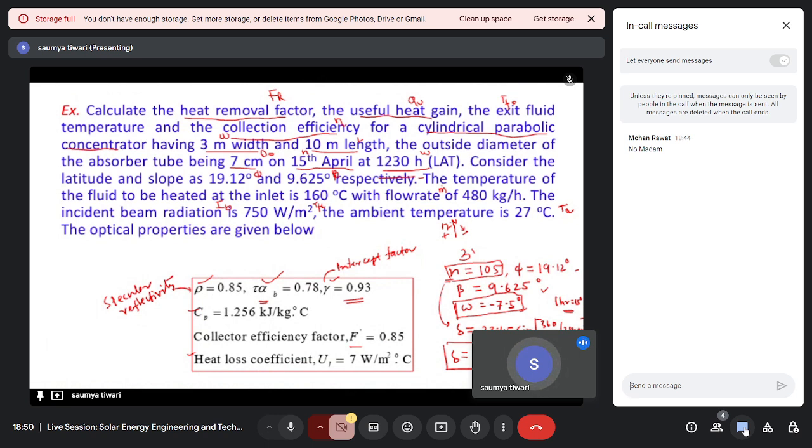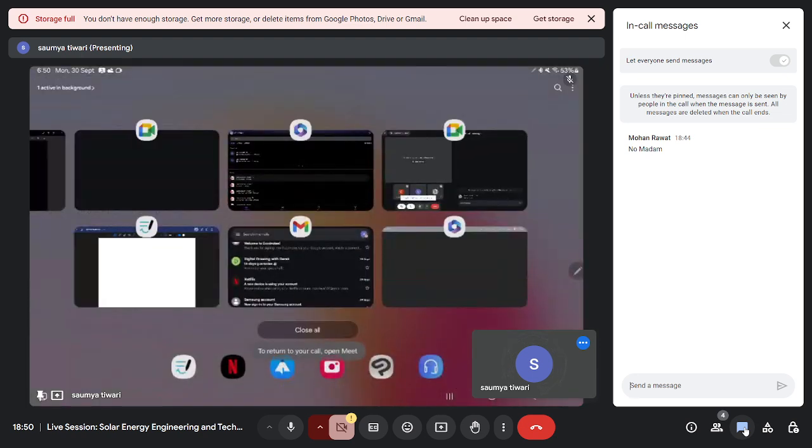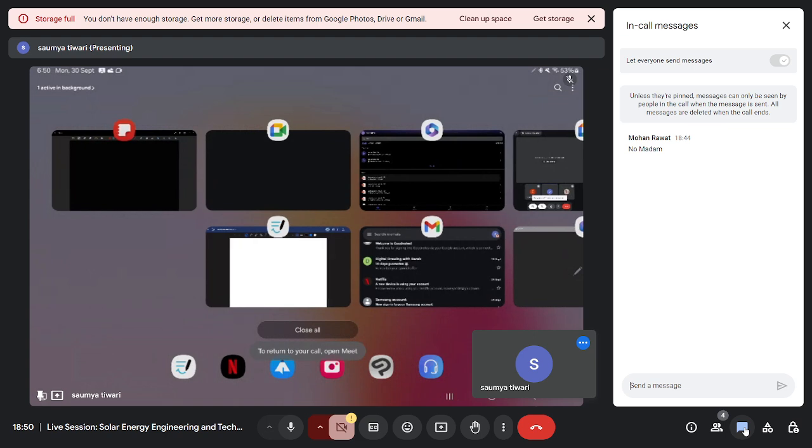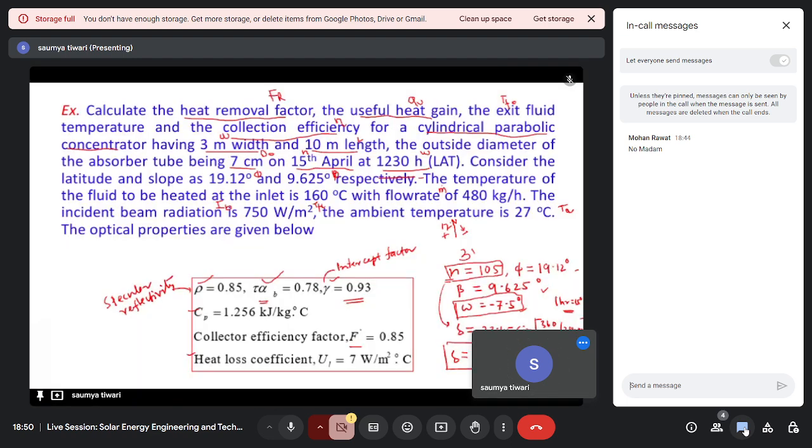What has been asked is to calculate the heat removal factor, the FR, the useful heat gain QU, and the exit fluid temperature, the TF naught.